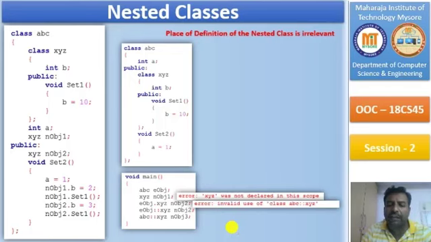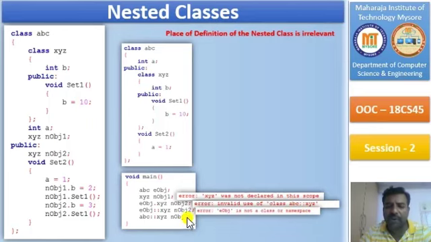Even this is going to be an invalid use of class ABC XYZ. You're not supposed to do this. You cannot create the object something like this. And the next one using the scope resolution operator, even this is not possible. Now even this is going to give me an error. So next we have ABC scope resolution operator XYZ NOBJ3.